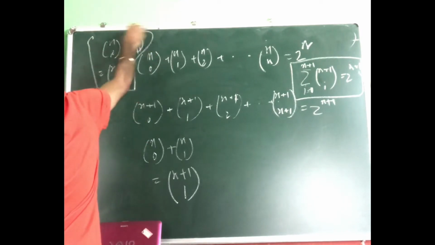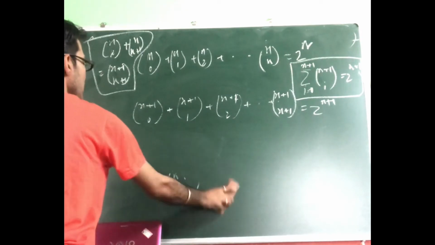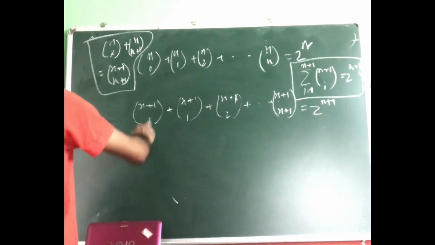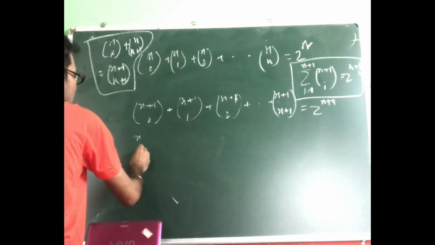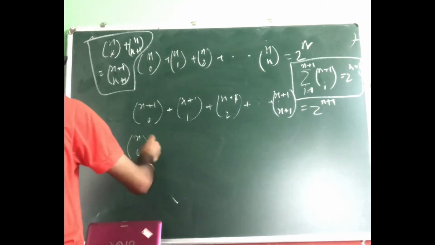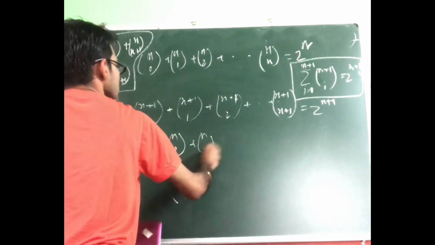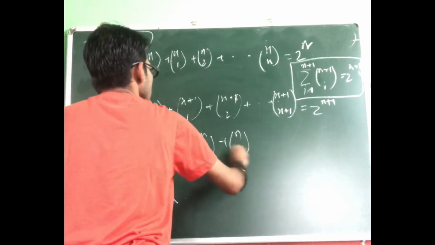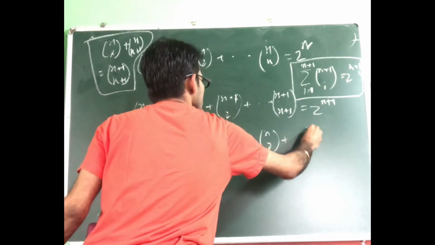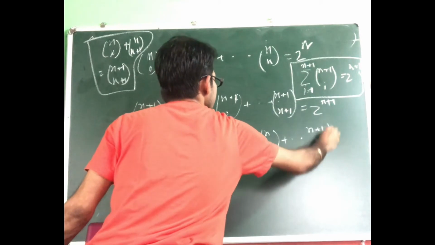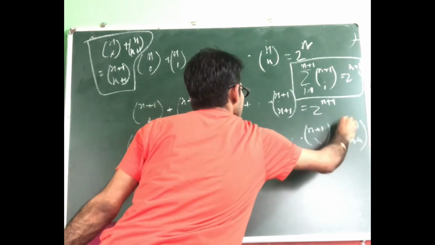I'm using this identity. So if I'm using this identity, I can convert this C(n+1,0) with C(n,0), and this one C(n,0) plus C(n,1), and this one C(n,1) plus C(n,2), and all this way, this one C(n,n) plus C(n+1,n+1).